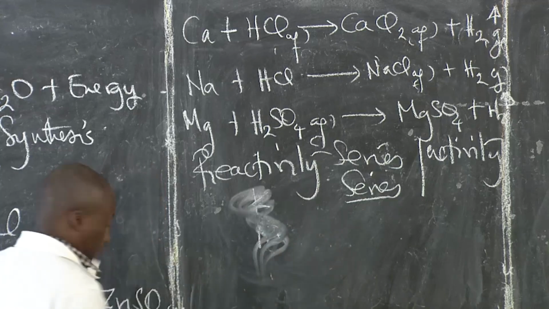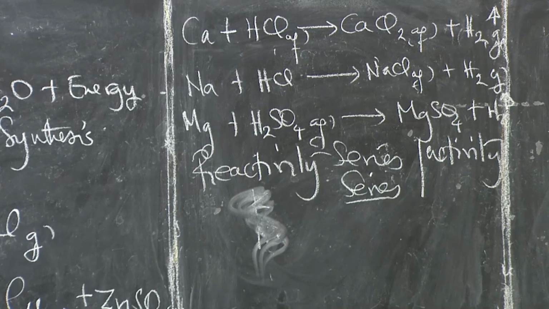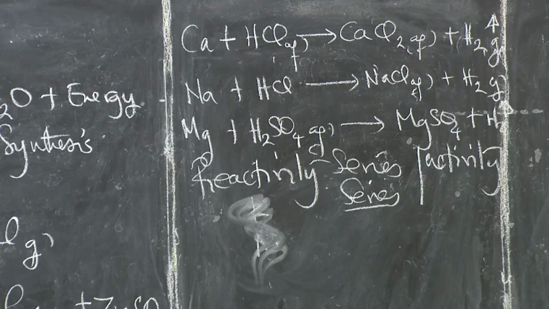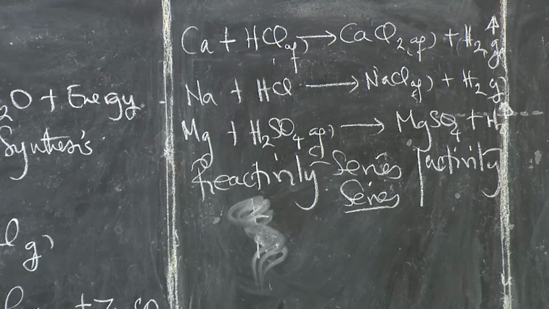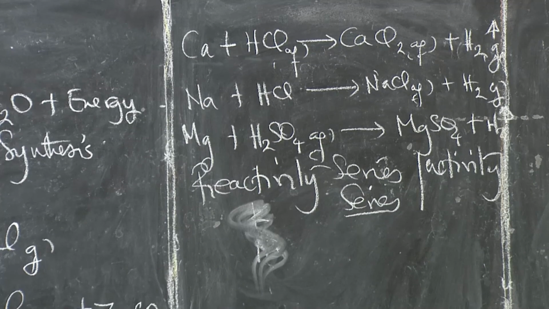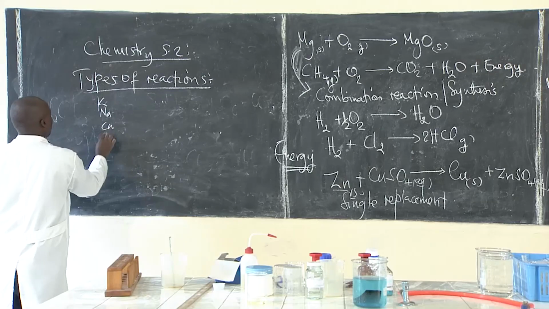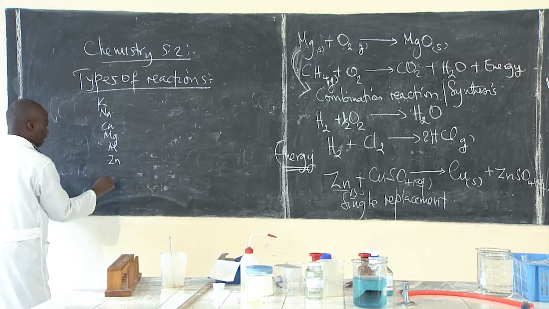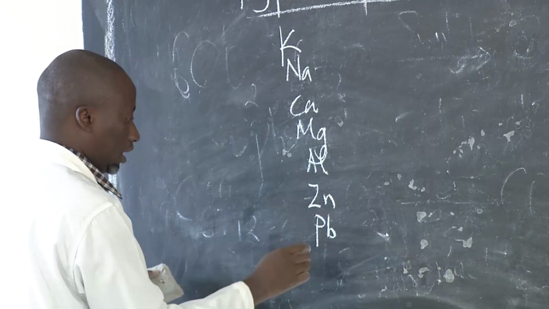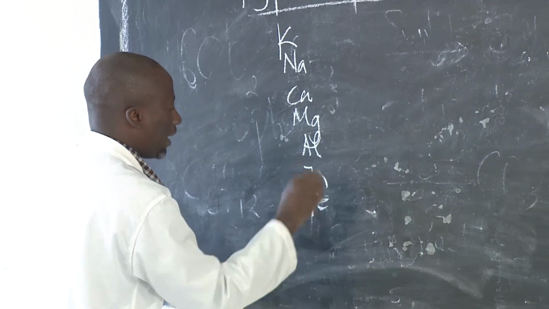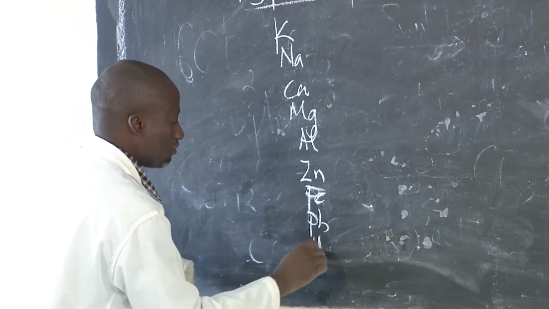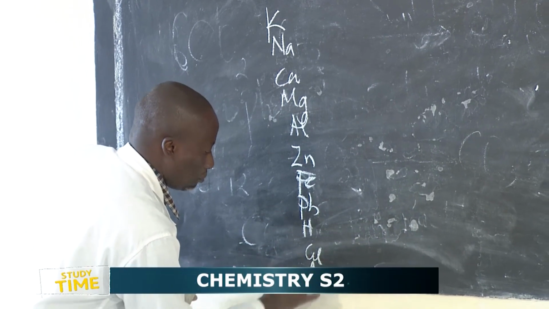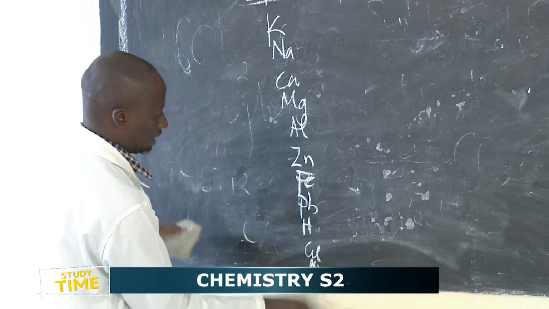I think I can put it on, to make it very clear. So you have potassium, sodium, calcium, magnesium, aluminum, zinc, then iron, lead, hydrogen, copper, mercury, and then silver, the last.